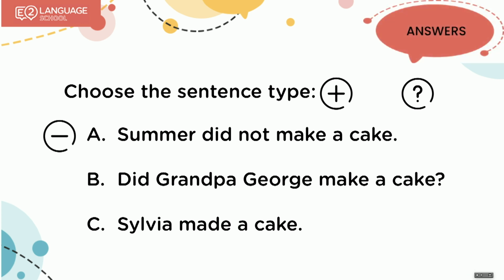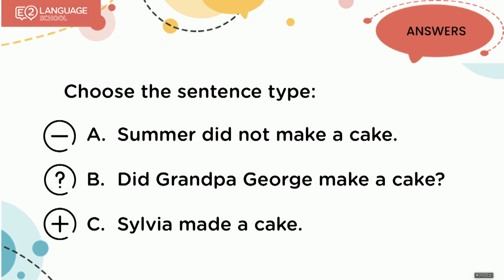Okay, so A is a negative sentence type. Summer did not make a cake. B is a question sentence type. Did Grandpa George make a cake? And C is a positive sentence type, just the usual typical sentence.